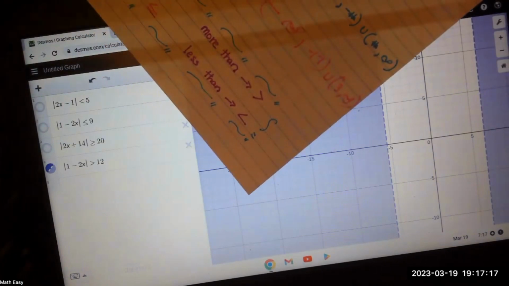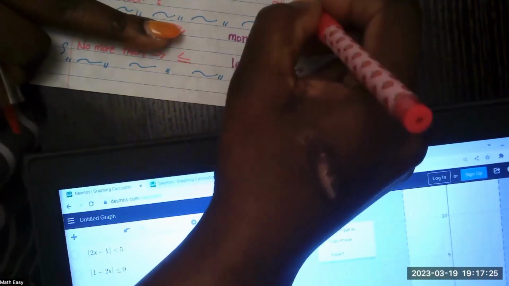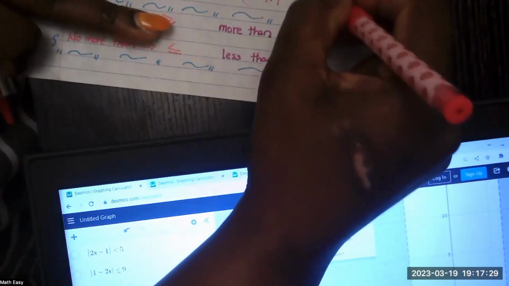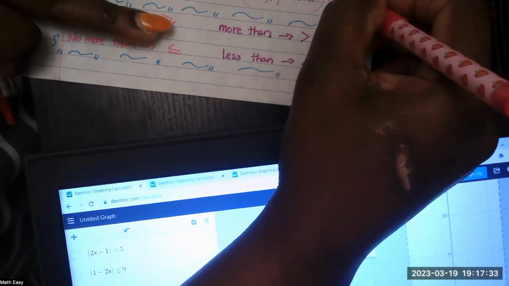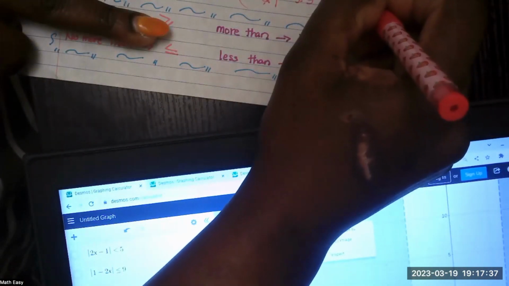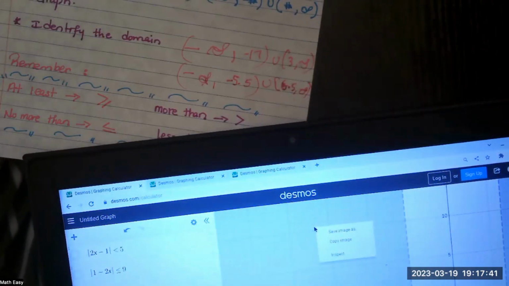So that's how we would write that: -infinity, comma, -5.5, union 6.5 to infinity. All right, so that's how we write our greater than inequalities.